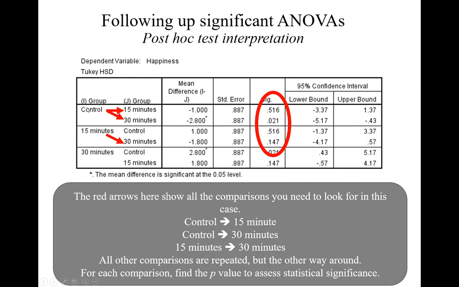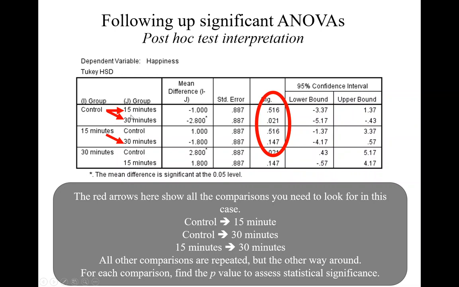This first couple of rows is comparing the control to the other two puppy groups. The second bunch is comparing the 15-minute group to the control and the 30-minute group. And then the bottom section is comparing the 30-minute group to the control and 15-minute groups.